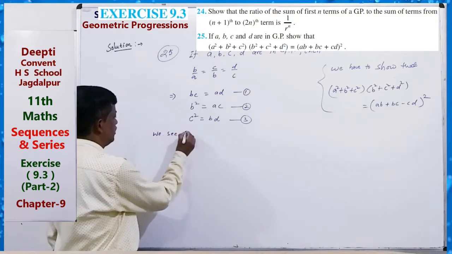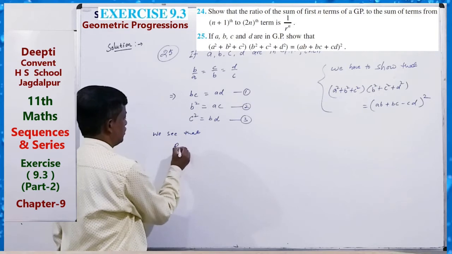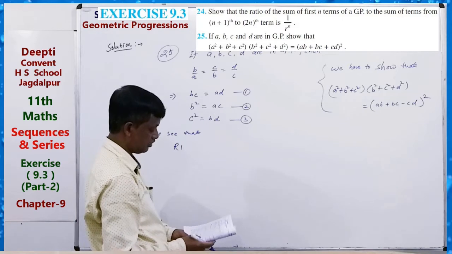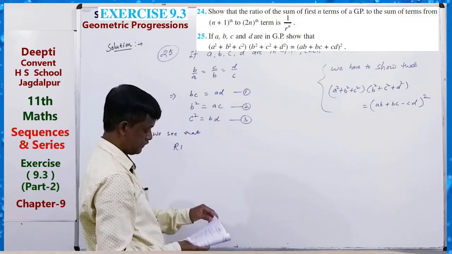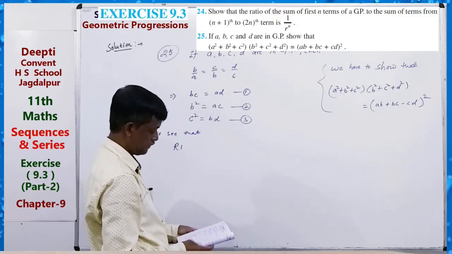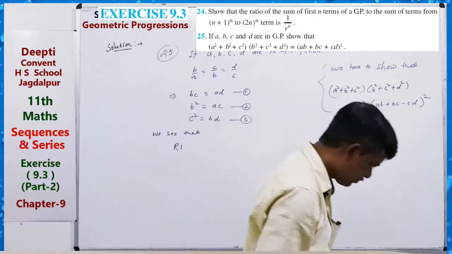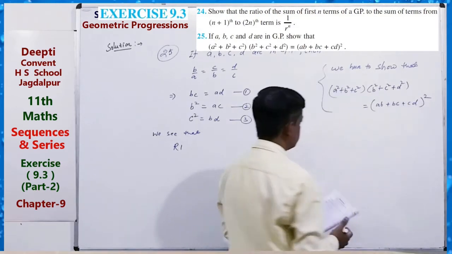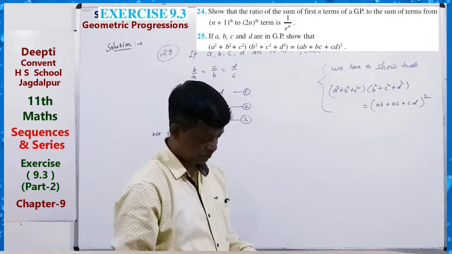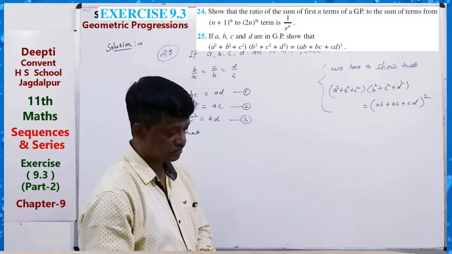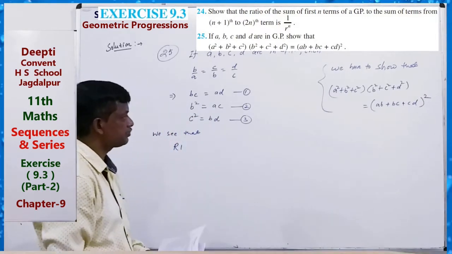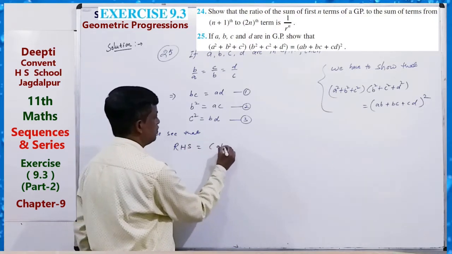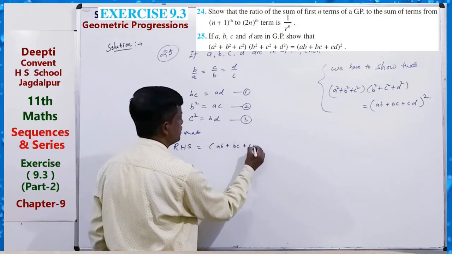The right hand side is equal to AB plus BC plus CD whole square.